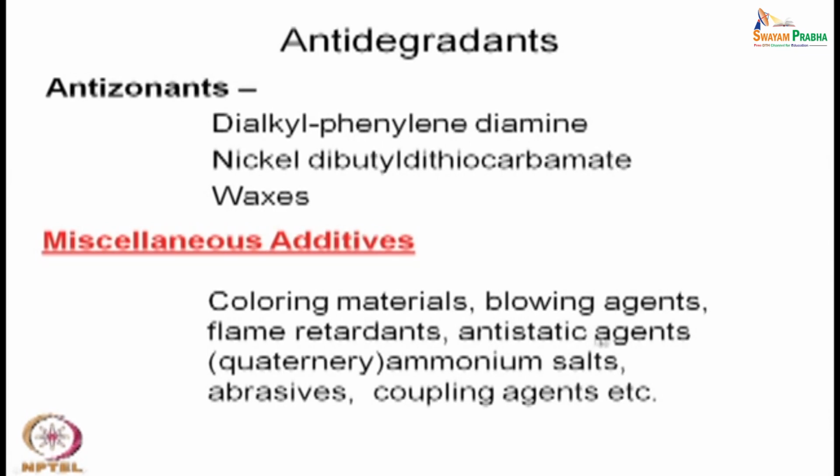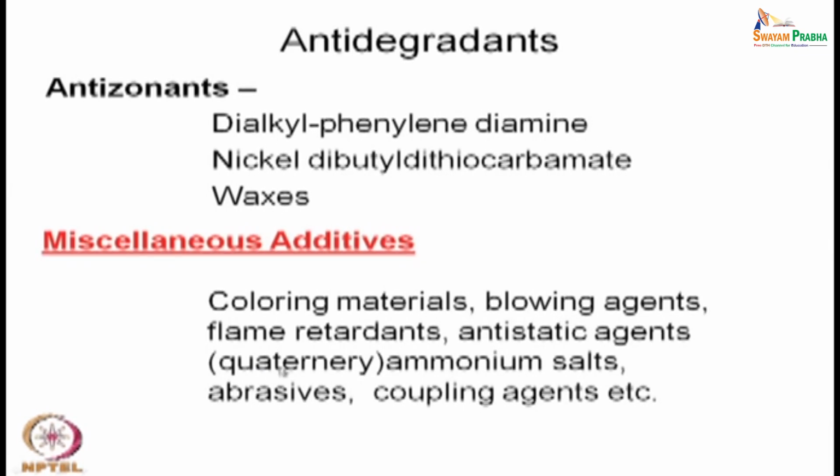Some antistatic agents are used in order to prevent static charge accumulation over a rubber product surface, because if static charge is allowed to accumulate, it will attract dust from the air, and a thick layer of dust will remain deposited. To prevent this dust accumulation, antistatic compounds like quaternary ammonium salts are used.